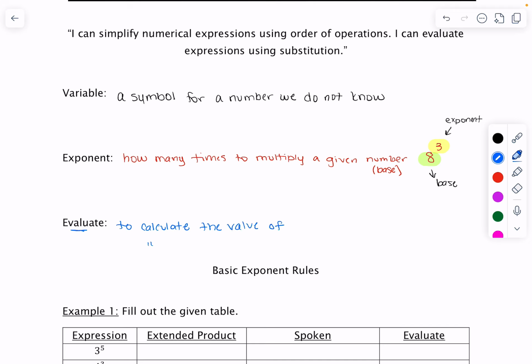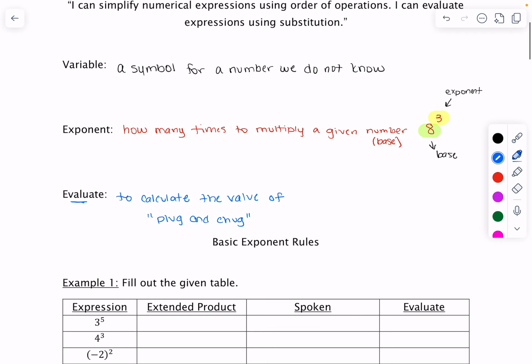You guys have maybe heard of this as plug and chug, where you plug a value in and you get a value out. So we're going to see some examples of that in a minute too. So here's some first vocabulary for us to think about.